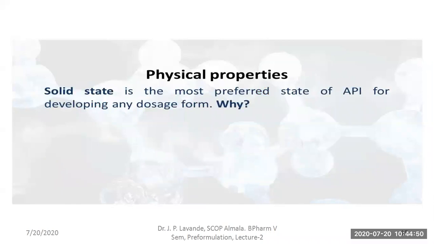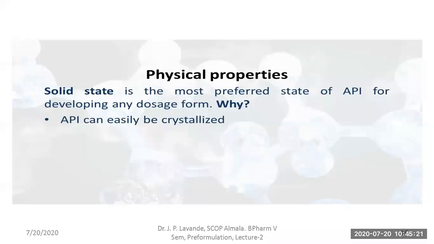Then we need to study the different kinds of physical properties. The solid state is the most preferred state of any kind of API for developing any particular kind of dosage form. The API should always remain in the solid state, so that it is easy to handle and reduces the further consequences. Now, why is there a need to have the API in the solid state? There are different reasons.